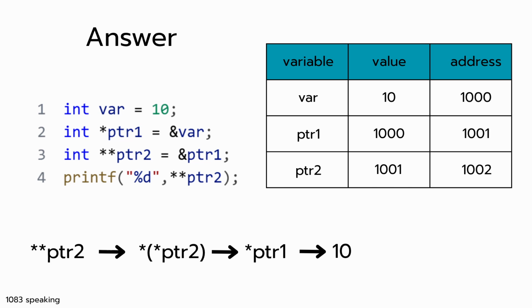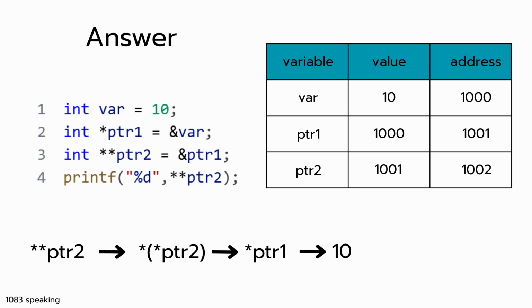Line 4: the expression is **ptr2. Let's trace it. The first dereference, *ptr2, resolves to the value stored in ptr2, which is the address of ptr1.